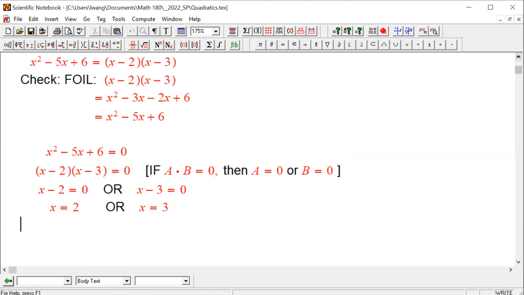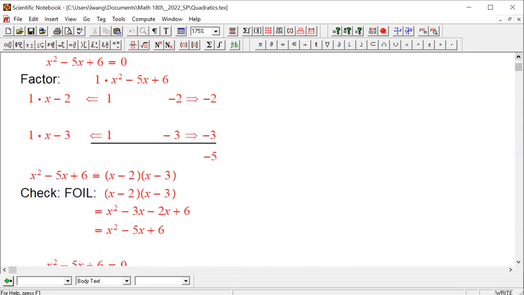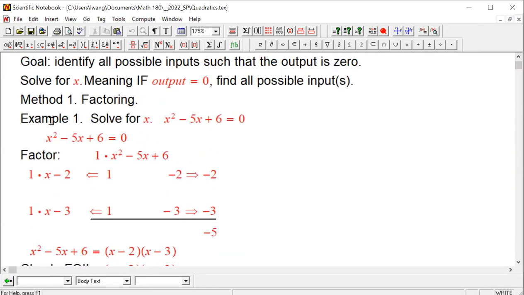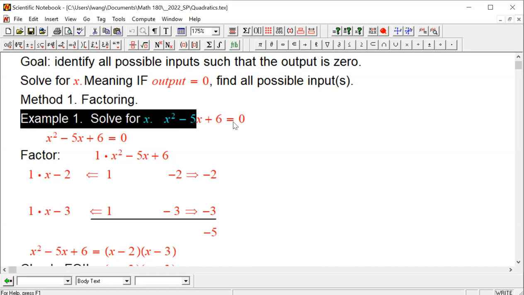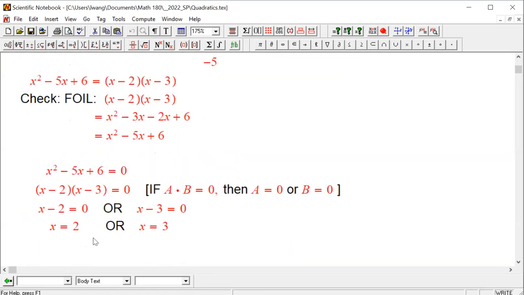It depends on how the question is asked, really. For example, if the question asks you to solve the equation for X, in this case, you're done at this point. But if the question is the following, find the X-intercepts.